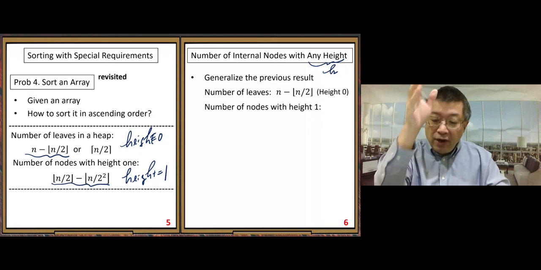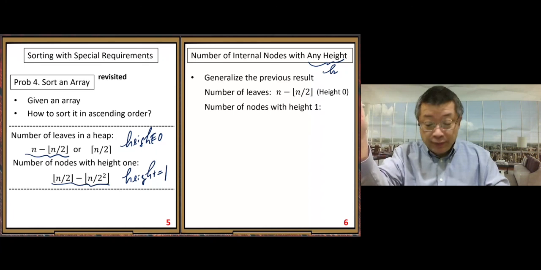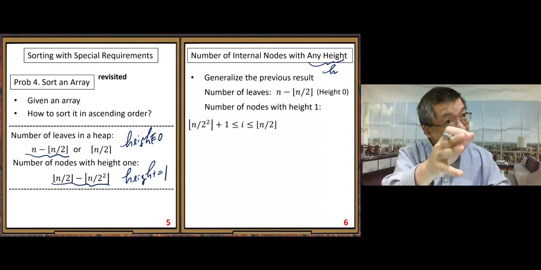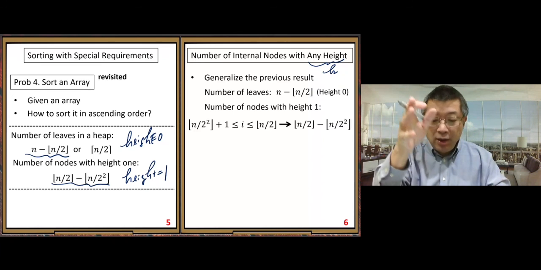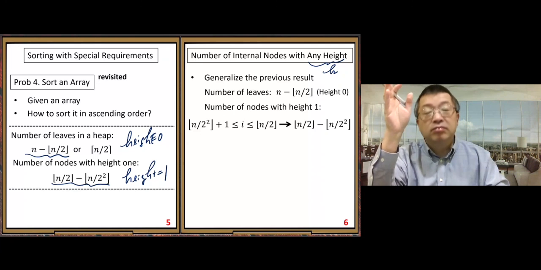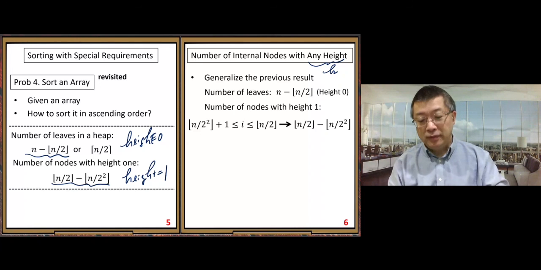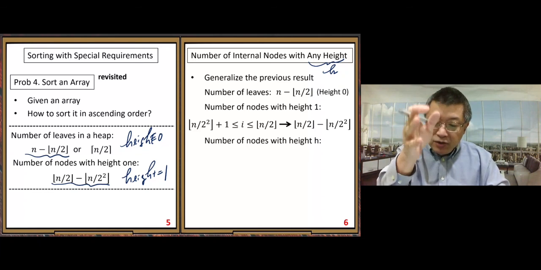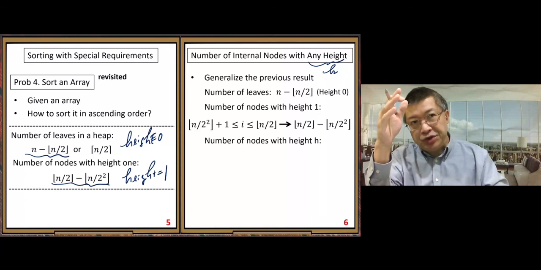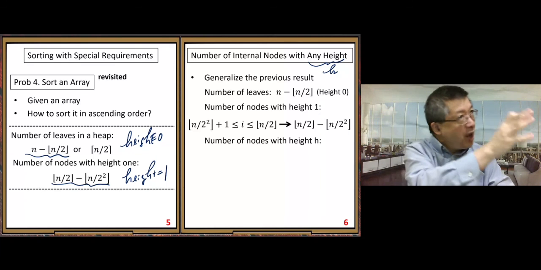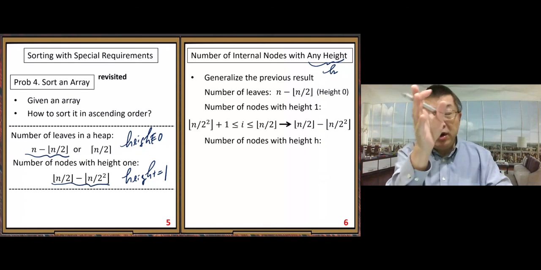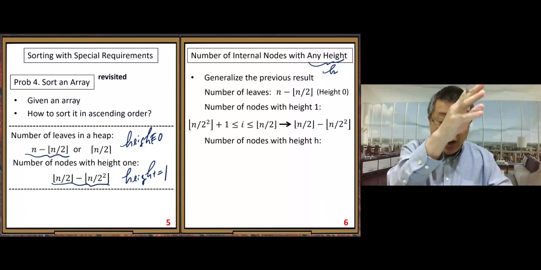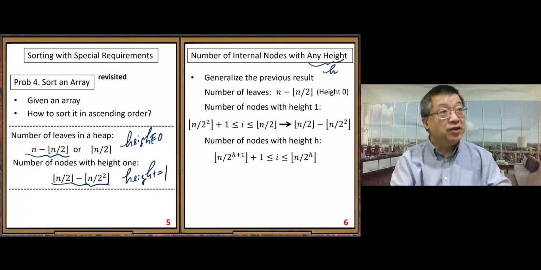Number of nodes with height 1. The range is like this, but the number is in this formula. Now, next, the general case. Number of nodes with height h. The range for those formula, first the range.